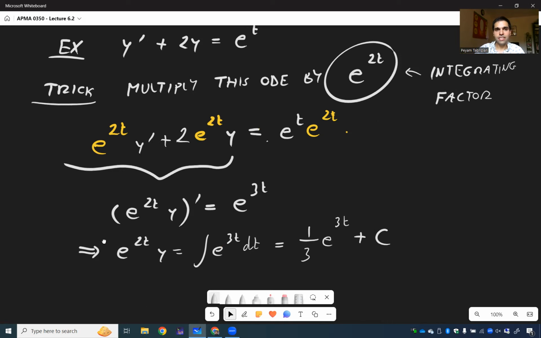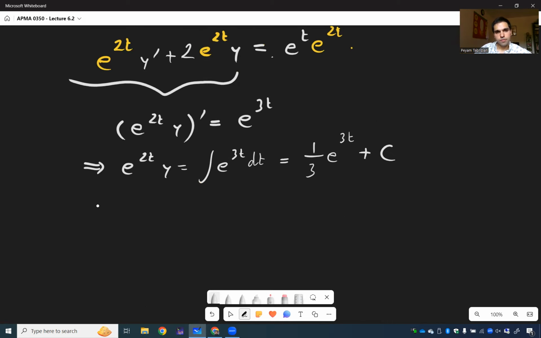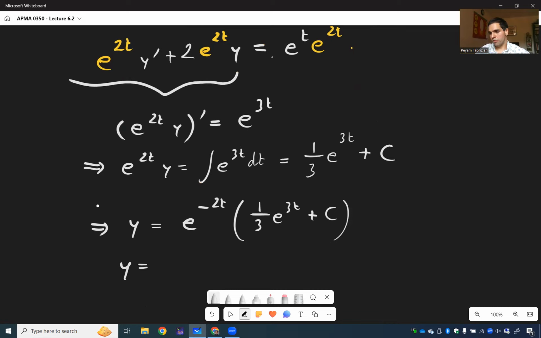And of course, plus c. Then y is e to the minus 2t times 1/3 e to the 3t plus c, and to simplify, y becomes 1/3 e to the t plus c e to the minus 2t.